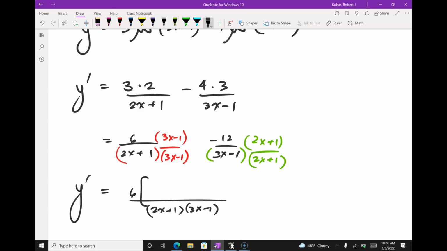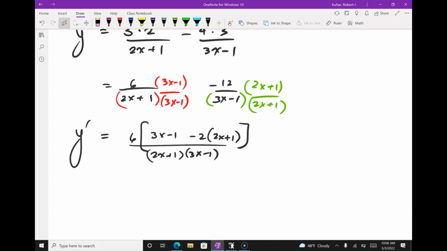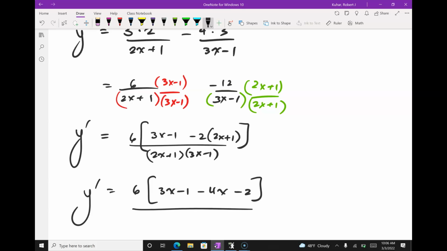So I've got a 3x minus 1 minus 2 times a 2x plus 1. So I took out a 6 there, upstairs. And now I've got to simplify inside there. So it looks like I get a 3x minus 1 minus 4x minus 2. Double check me there.